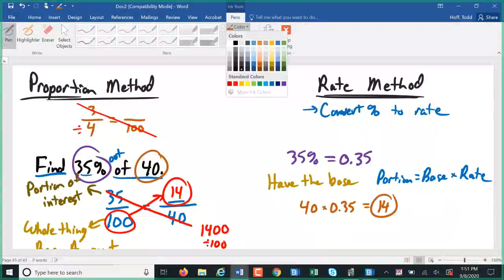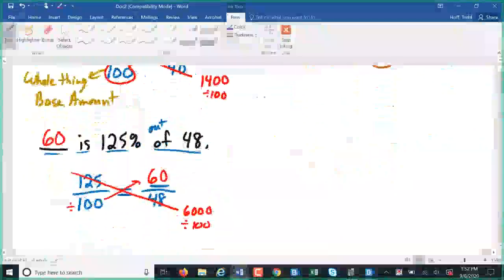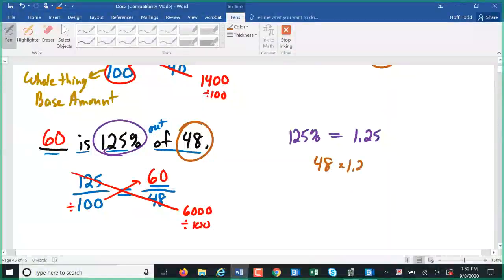Our answer was 14. Second one here, our percent was 125%. As a rate, that's 1.25. We are given a base of 48. 48 times 1.25 is 60.